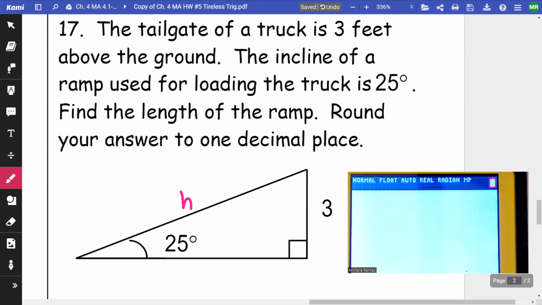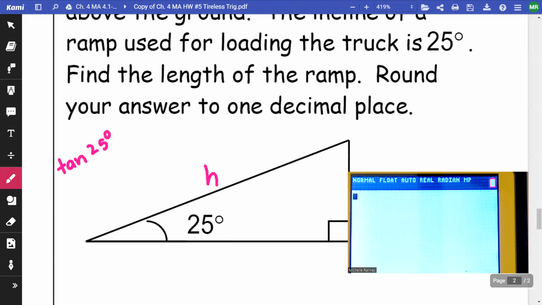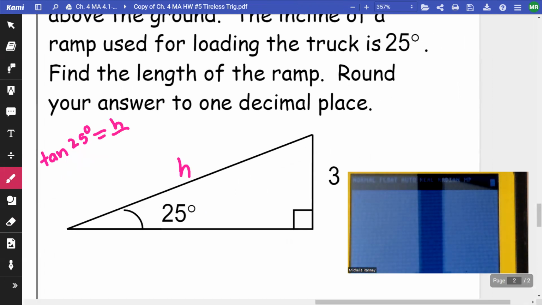So I am going to use tangent. And so I'm going to be doing tangent of 25 degrees is equal to H over 3.